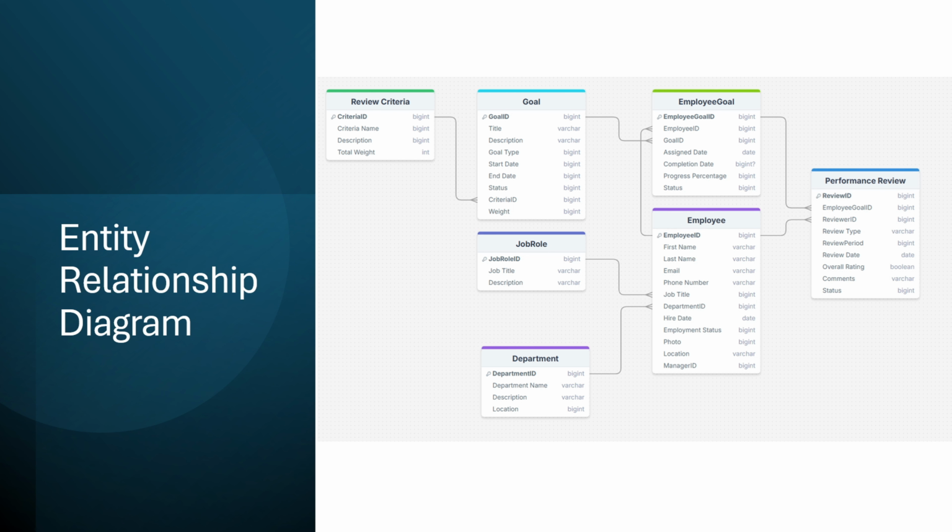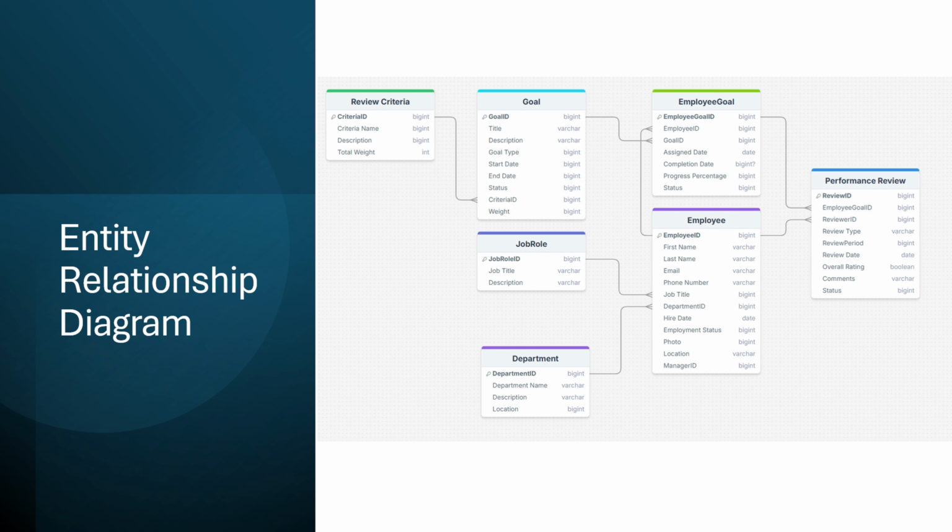The reviewer is someone who's also sitting in the same employee table, because all the employees and all the managers are still in the same table. That's the reason we have the relationship between these two, and that's also a one-to-many relationship.